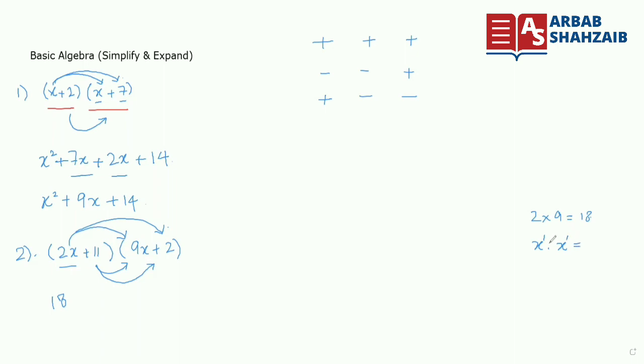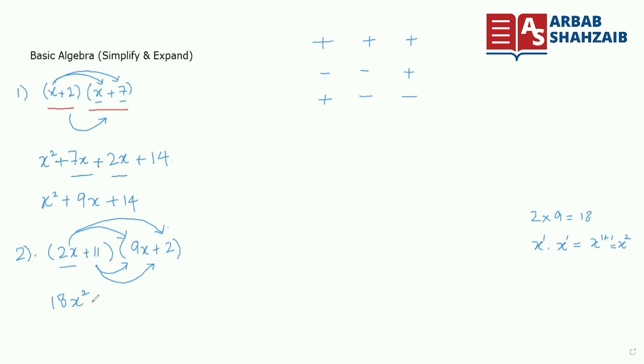We don't see it, but we assume here is 1. So when we multiply variables, their powers always add. So 1 plus 1, x multiplied by x is x squared. In this way, 9 times 2 is 18, and x squared.